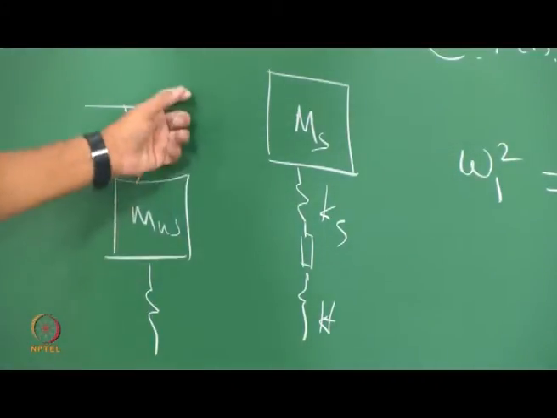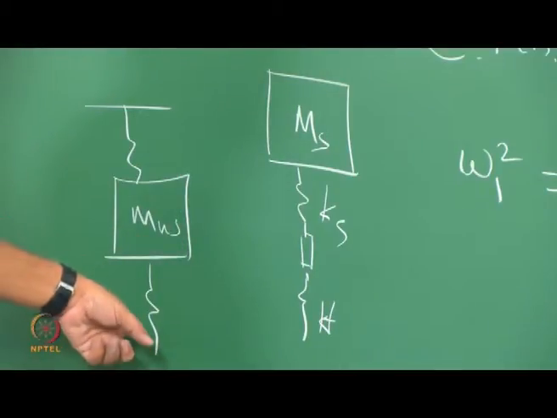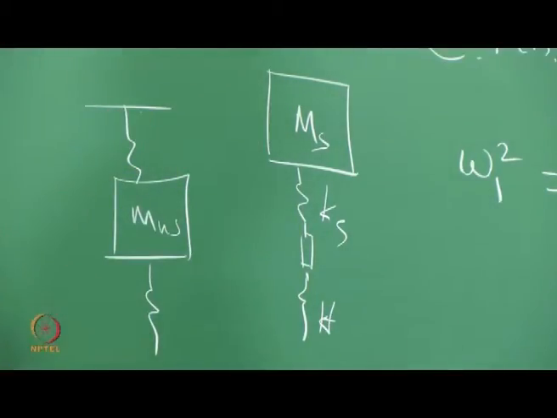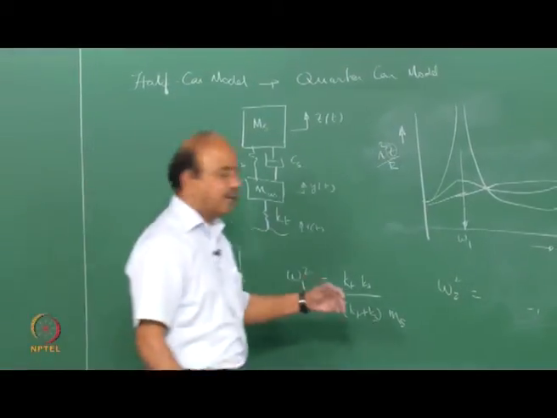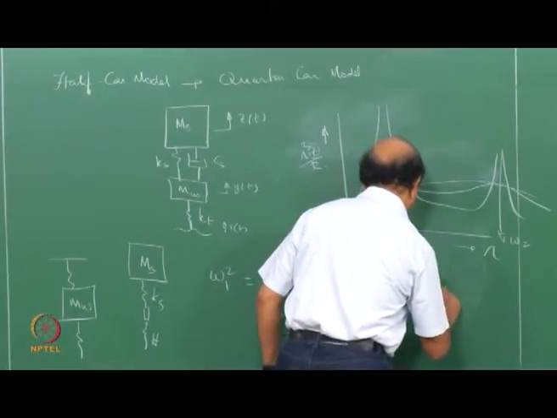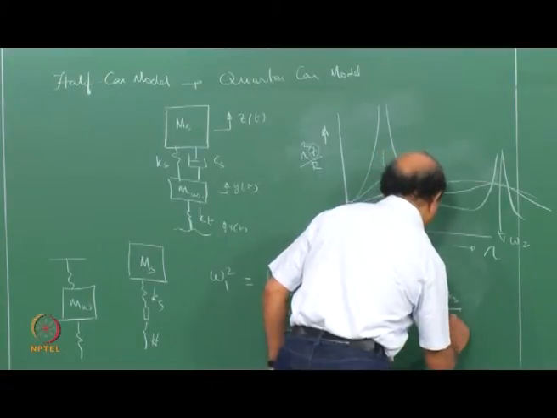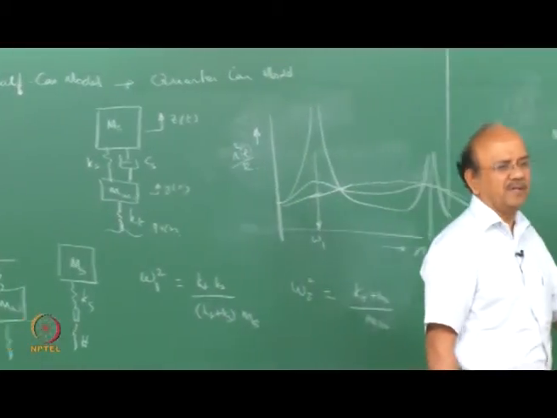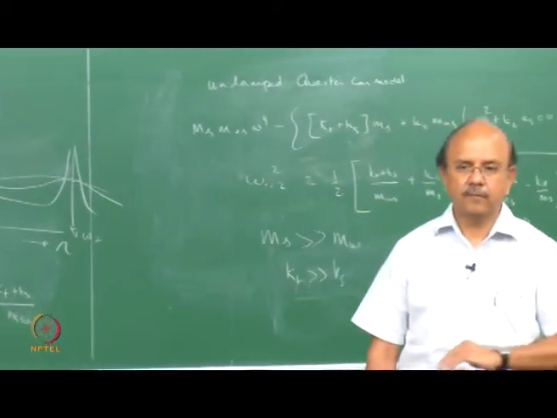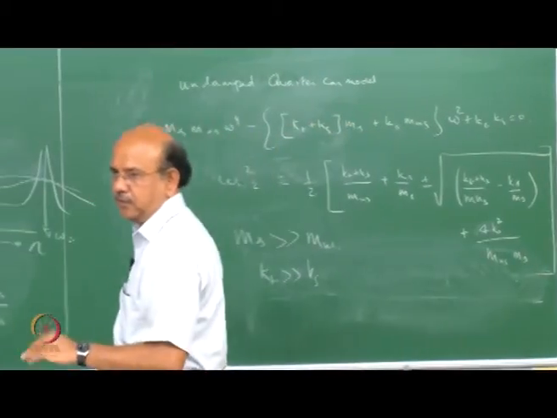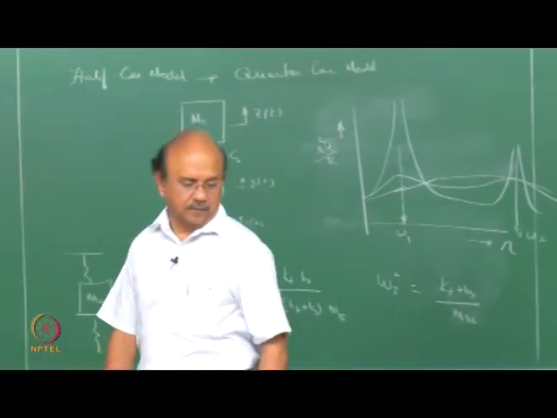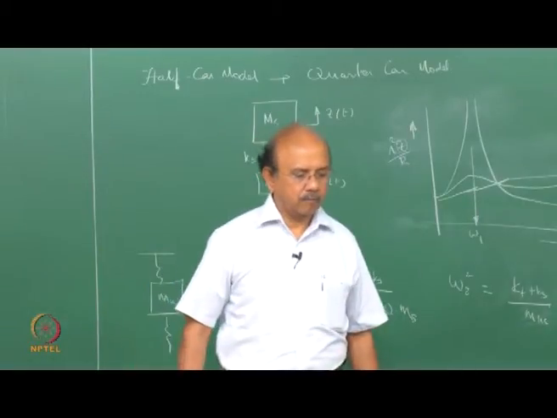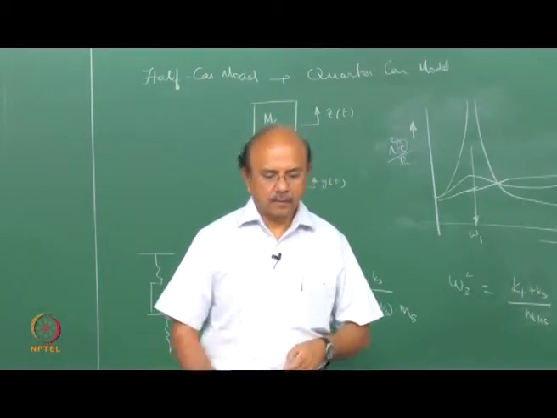This is not in series because both of them are going to take the load, so they are in parallel. So that omega 2 squared can be written in terms of K by m, which is, in this case, Kt plus Ks divided by mus. Right. So that gives me the very simple 1 minute answer for undamped natural frequency with all the approximations that are put in place. Clear? Okay.